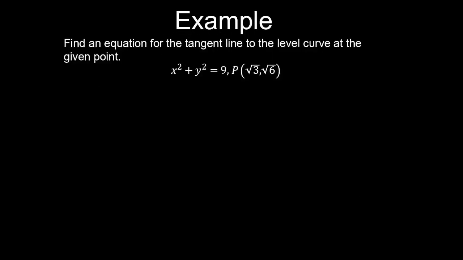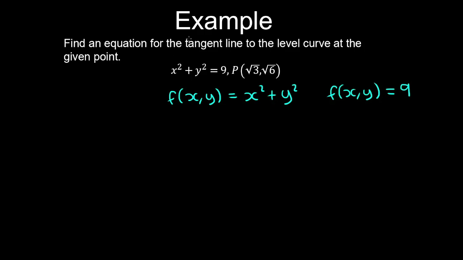Find an equation for the tangent line to the level curve at the given point. So in this case, our function of two variables is x squared plus y squared. So therefore the level curve is defined as f of x and y is equal to a constant, in this case being 9.